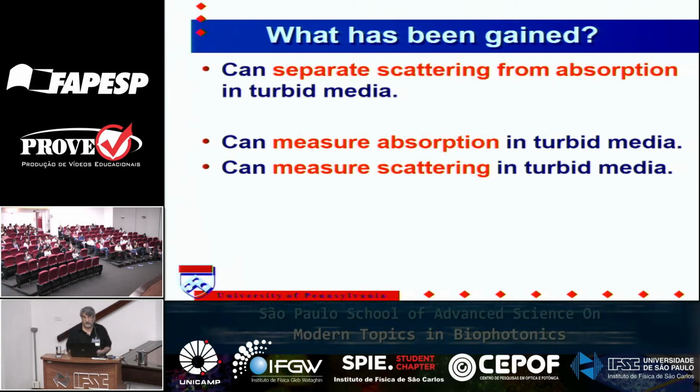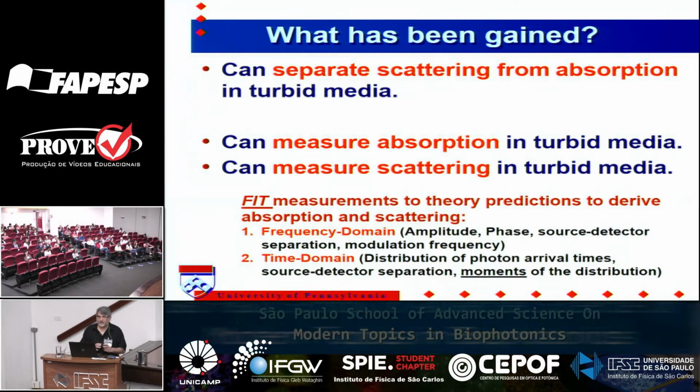Same for the scatterers. And so, in the end, what I want to do is to take a set of measurements and fit them to a theoretical prediction to get the absorption and the scattering. And so in this case, in the infinite medium, in my frequency domain measurements, I'll just measure the amplitude and the phase of these diffusive waves at different positions.